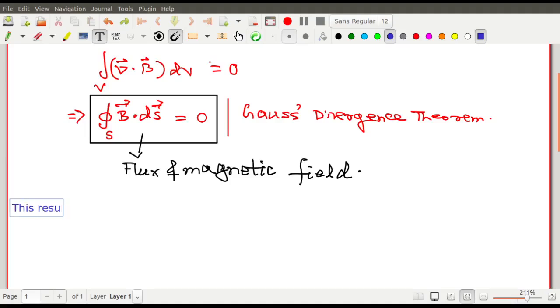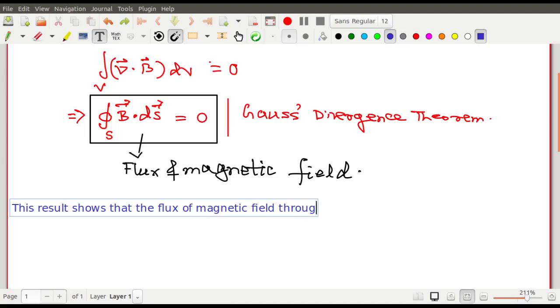This result shows that the flux of magnetic field through any closed surface is always zero.